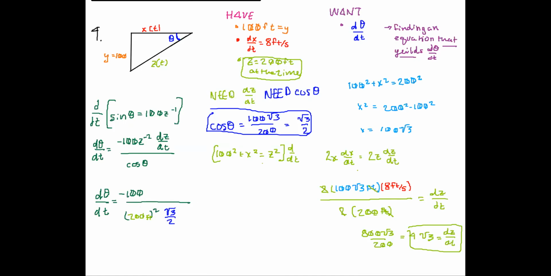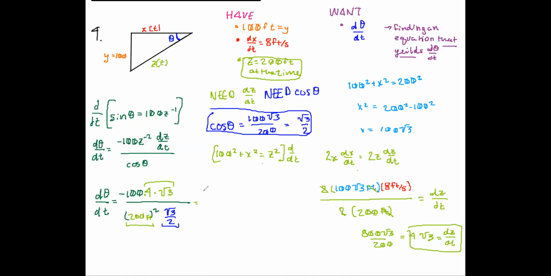And I'm still missing dz dt, sorry, I did this in a very roundabout manner because I wanted to get the z down there, which was objectively speaking useless. So those are my pieces: dz dt, z, and cos theta.